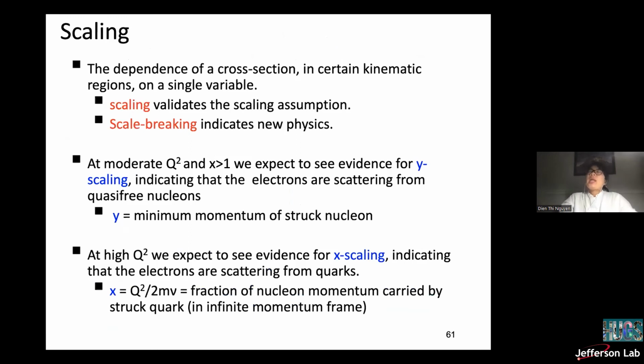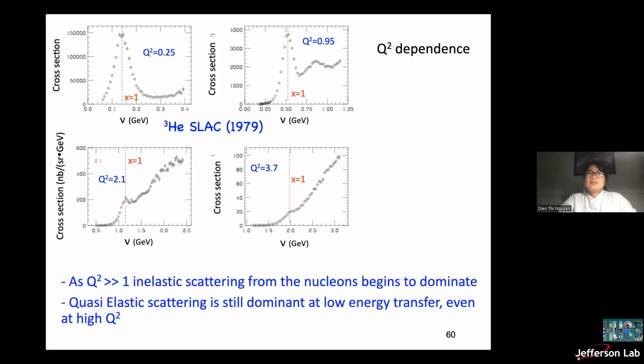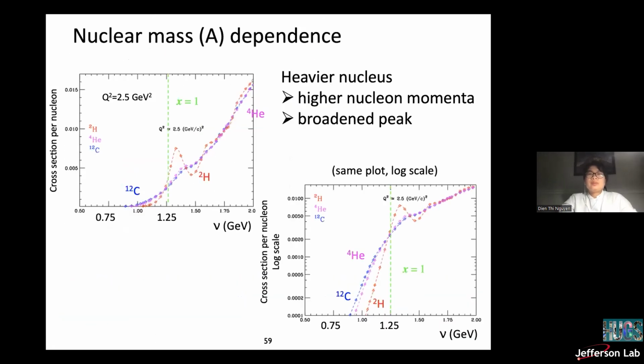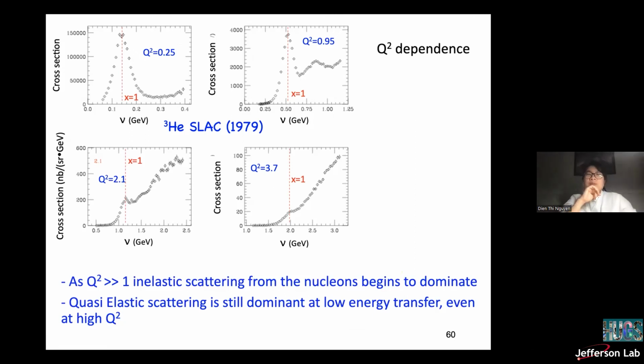Excuse me. Sorry to interrupt. Could you go back to the previous slide? So this one? No, the next one. Oh, okay, sure. Why do we not see the elastic peak here, or is it there? Let me see. This is from data, I think from helium-3.